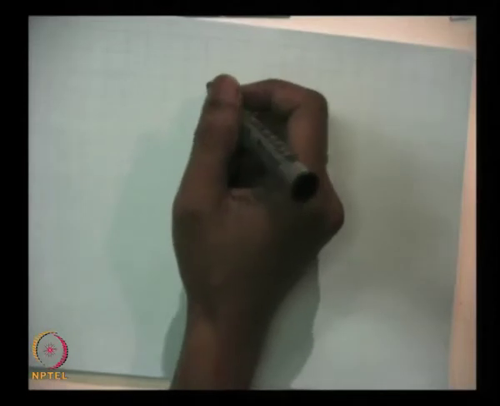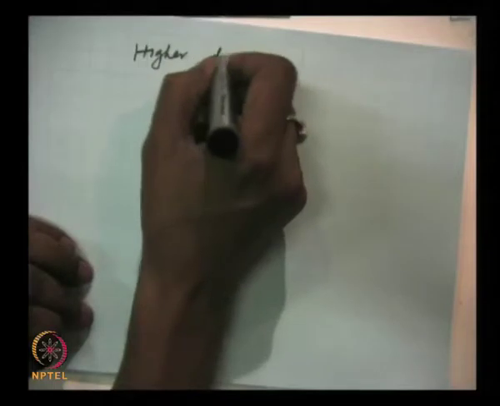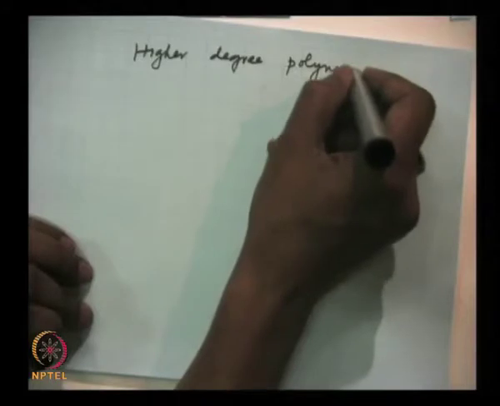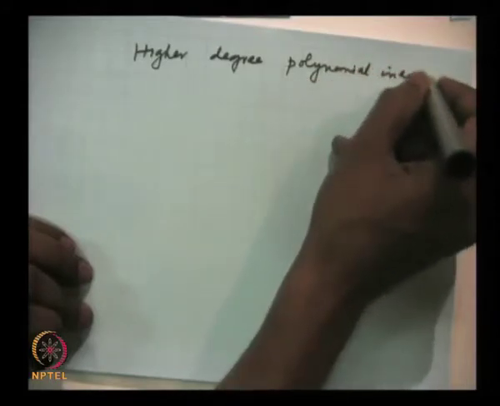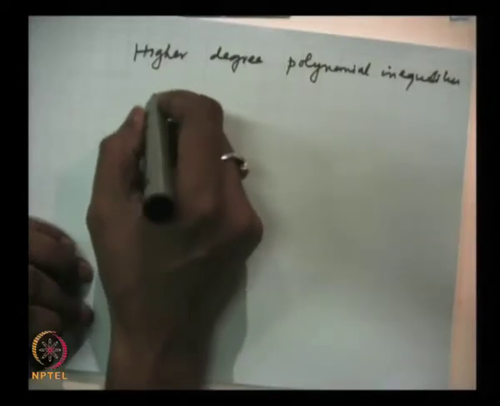What about higher degree polynomials? The moment you go to higher degree polynomials, there is a complication. I will just give you one example. So, suppose I have something like this.